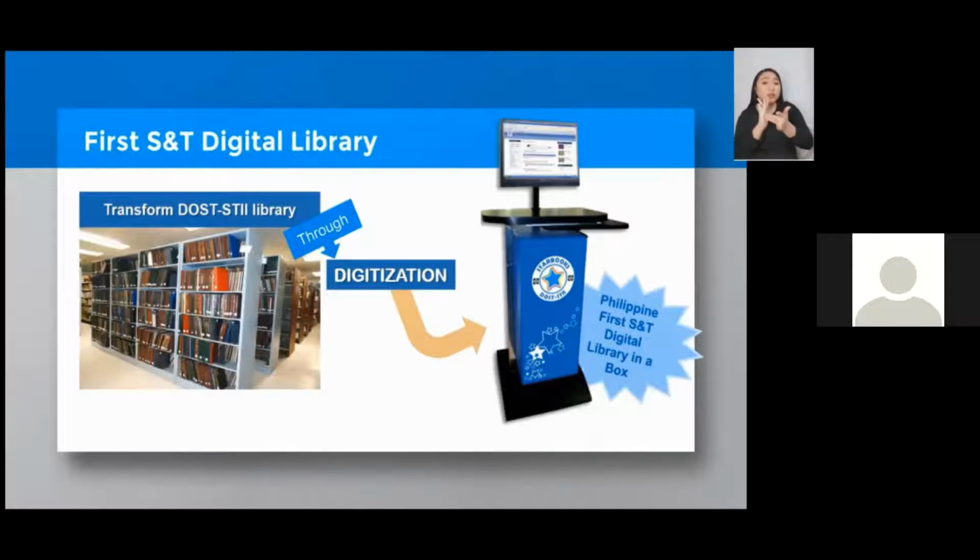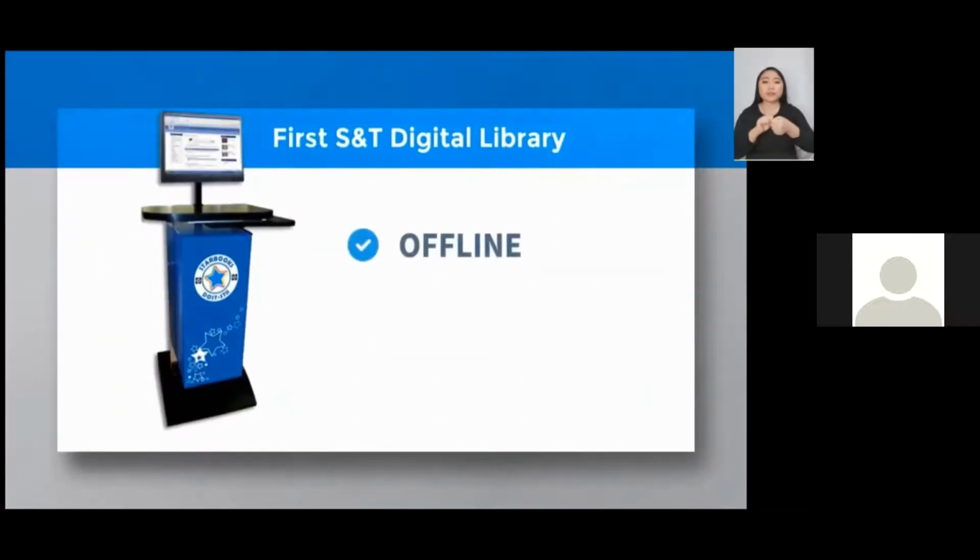So si Starbucks po ay nabansagan na Philippine First SNT Digital Library in a box. Yan, portable na siya. So, si Starbucks po, since portable na siya, pwede na natin siyang dalhin sa malalayong lugar, yung ating mga remote areas, even without internet connection.